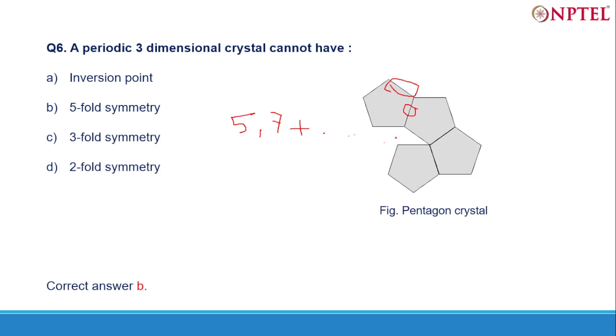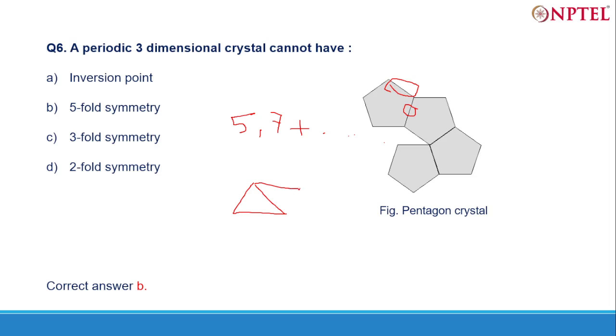So a three-dimensional crystal with five faces cannot be put together to form a closed space. Do you think atoms having five faces can be put in place? We can have a triangle, threefold.